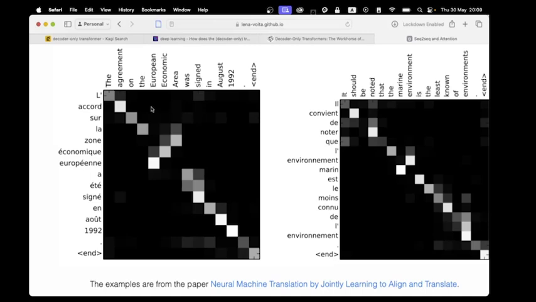Some words are easy to translate, like to translate the into le, you only need this one word. And some words need context, because area might translate to different words, like it's apparently zone économique or something. I don't know where you put the stress actually, but anyhow, area might translate differently, so you look at other words in the sentence to know how to translate correctly.